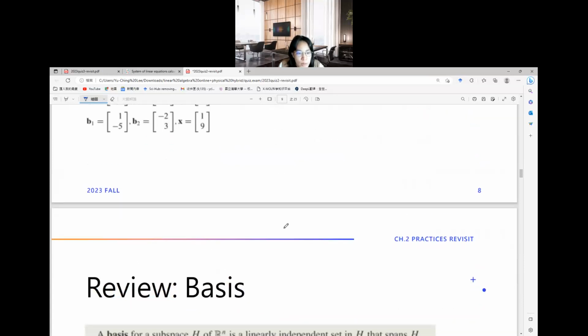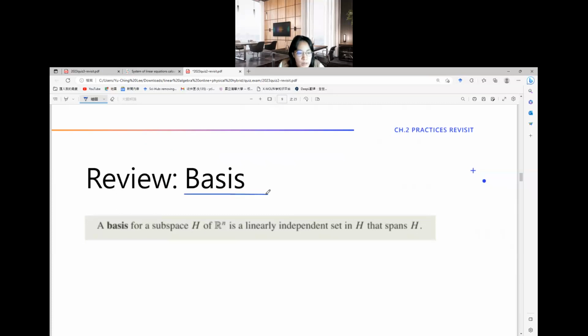Before that, we should review what a basis is. The basis for a subspace H is a linearly independent set in H, and it also spans the subspace H. So it has two properties, and both need to be satisfied: linearly independent, and it spans the subspace.